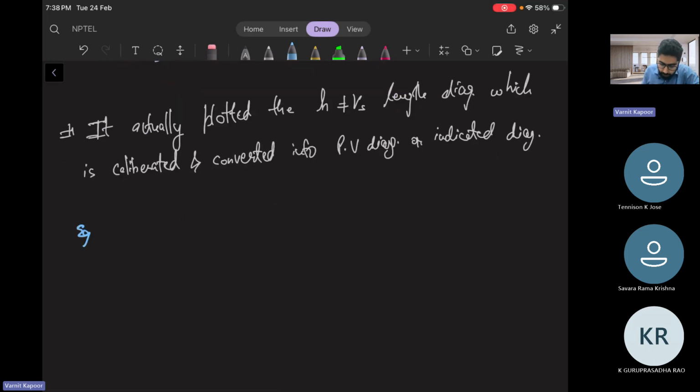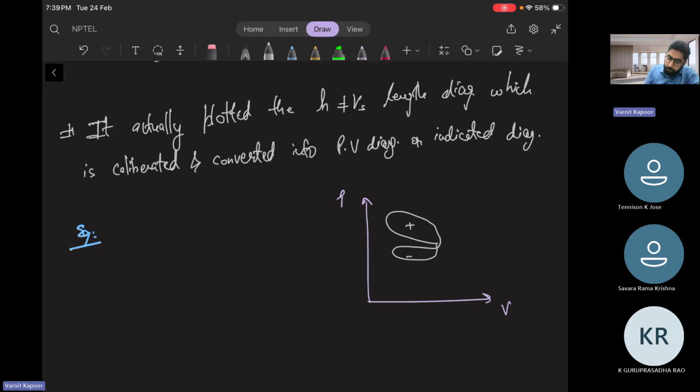So what is there? If I say an example here, this was the PV plot. This was the positive area, this was the negative area. So from the mean effective pressure concept, if we go for the same swept volume change, this is that height and this is the length. Okay, this h is this h of the system.